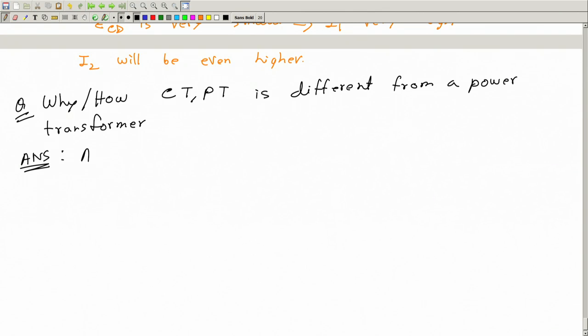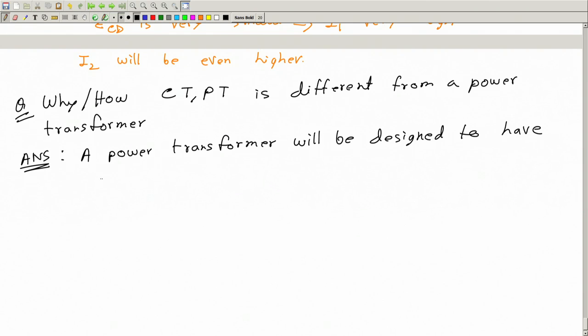A power transformer will be designed for, say, high efficiency, that should be the first factor, because they deal with very high power transmission generally. So if their efficiency is small, we will waste power.